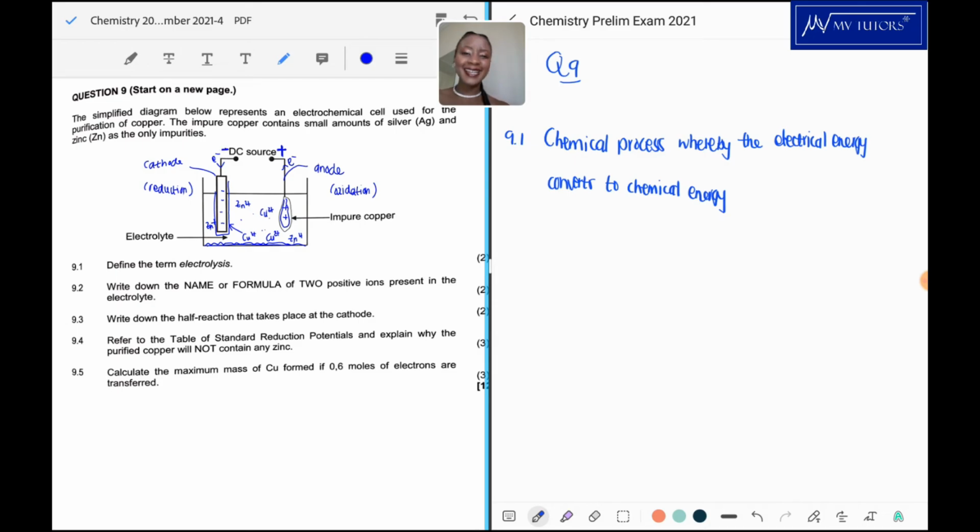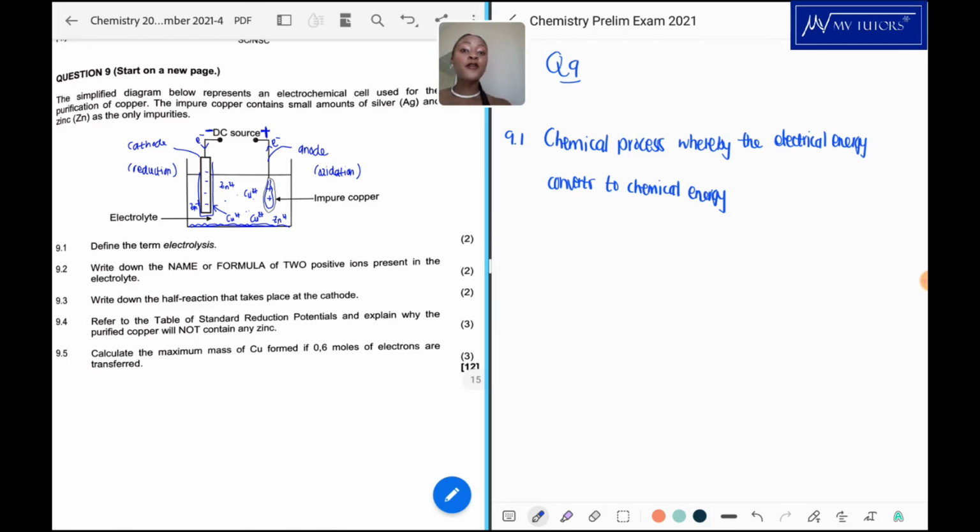So you need an electric current flowing through this electrochemical cell for the chemical process to occur. You need electricity for this chemical process to occur. And so that is electrolysis.